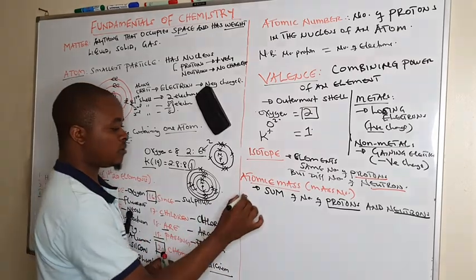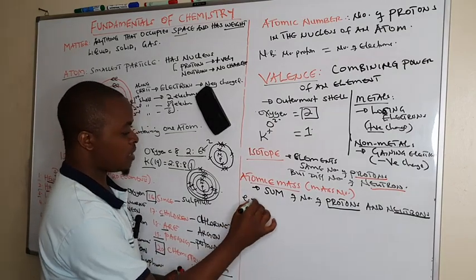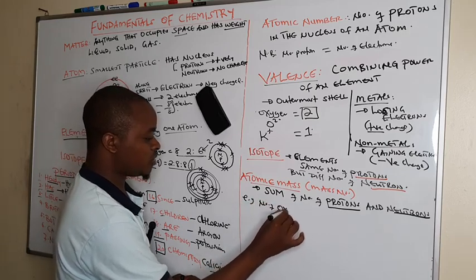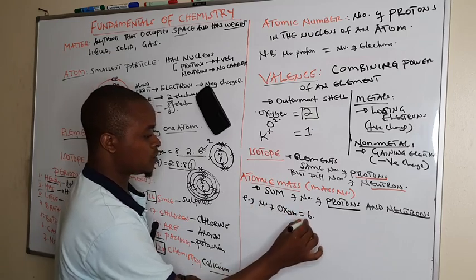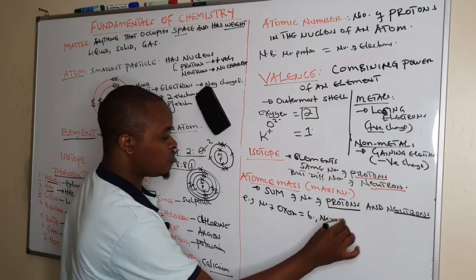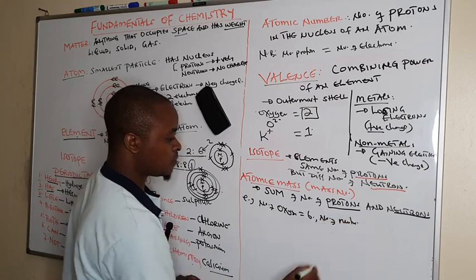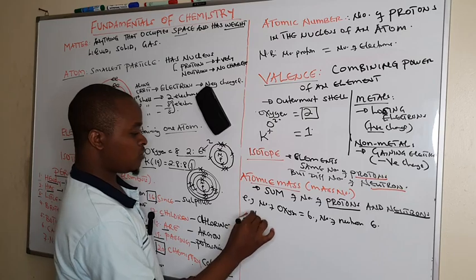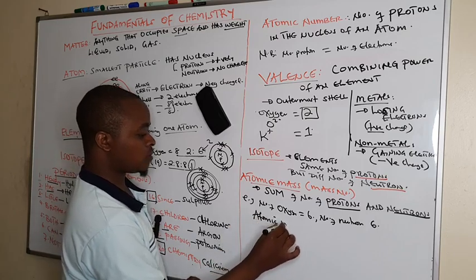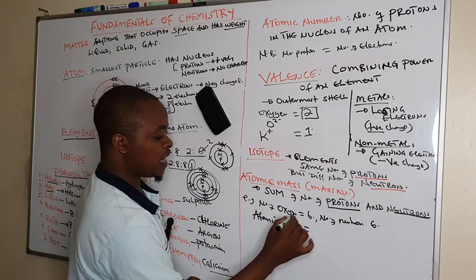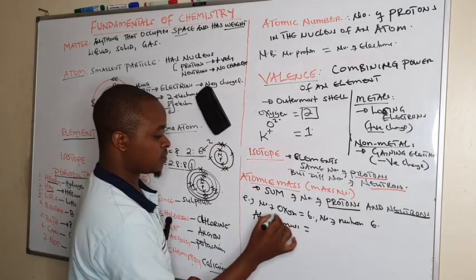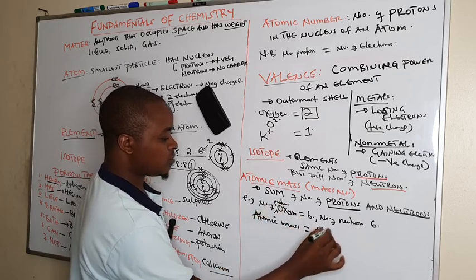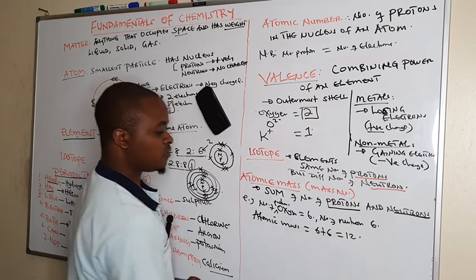For example, if the number of protons of carbon is 6 and the number of neutrons is also 6, to calculate its atomic mass, you get the number of protons, which is 6, plus the number of neutrons, which is 6, you get 12.